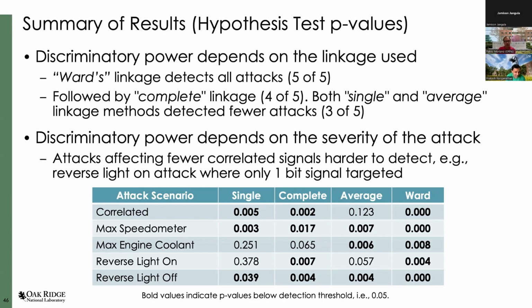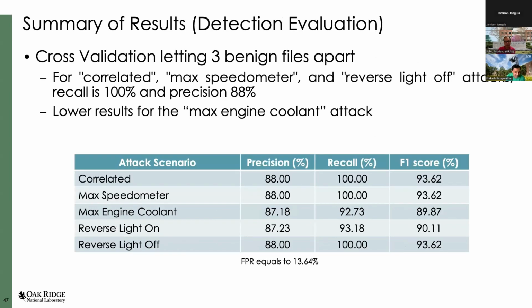We were also able to test that the discriminatory power of these techniques depends on how many correlated signals are affected. When only one signal is affected and it doesn't affect many of the others, it's very hard to detect under the assumption of our method. As a summary of our results, we ran cross-validations by leaving 3 benign files apart and rerunning the experiment, and for the best linkage we found this result.